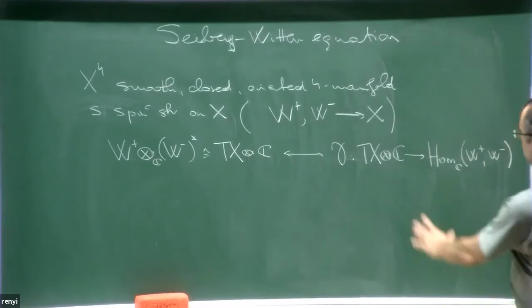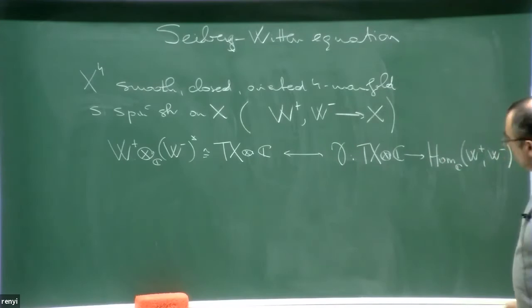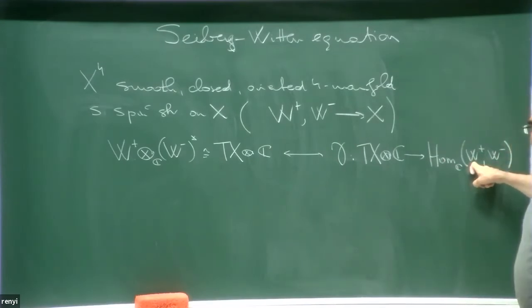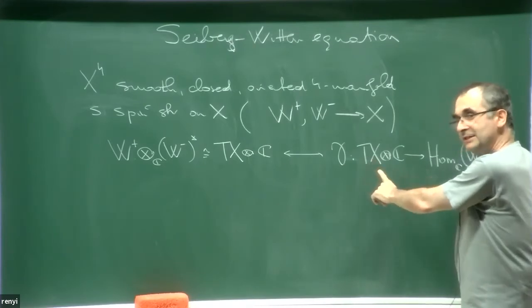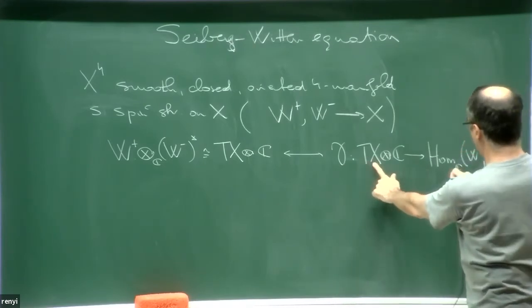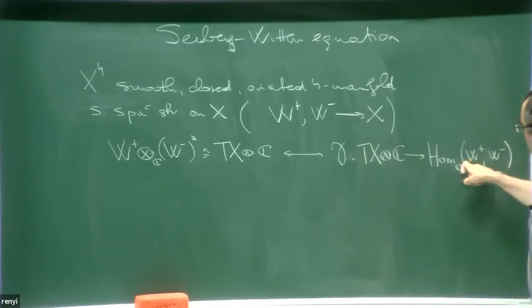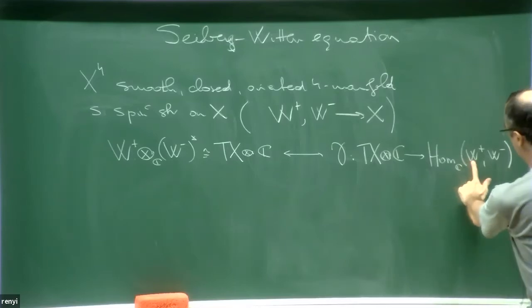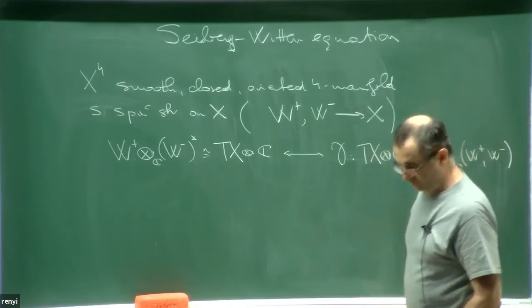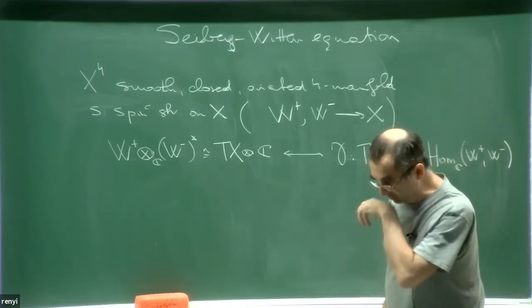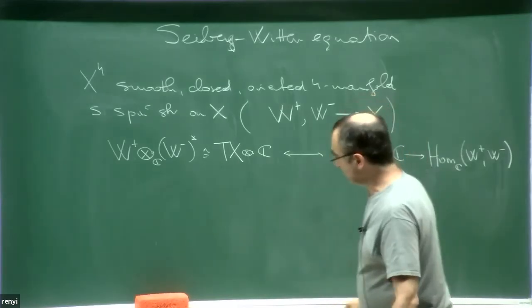So using this equivalent formulation of this isomorphism, if we have a section of W plus and a vector field, the vector field gives us a homomorphism from the sections of this to the sections of that. I can apply it to the section, so we can go from W plus to W minus using a vector field in TX. So that's what's called Clifford multiplication. And that will be very useful in a moment.